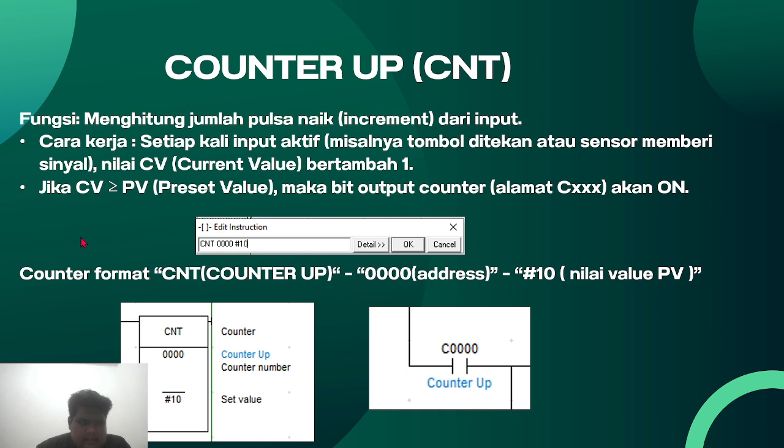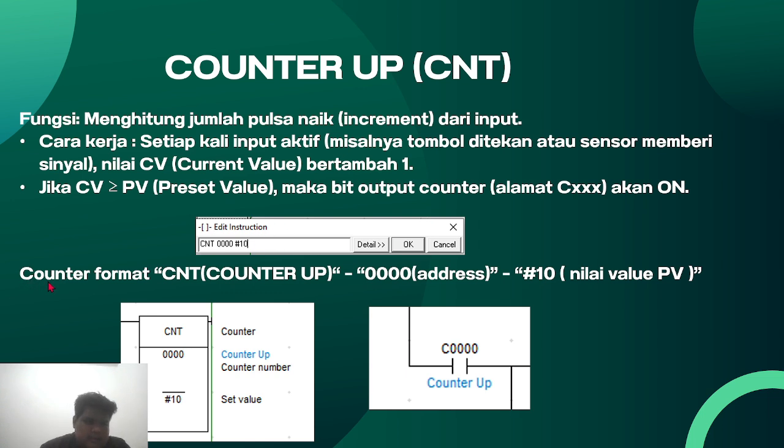Then, if the CV becomes greater than or equal to the PV or preset value, the counter output bit address CXXX will be on. Okay, this is the instruction.